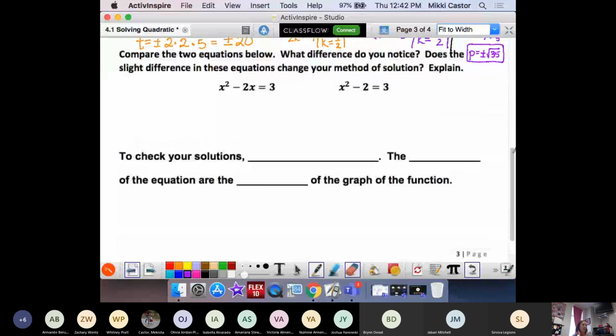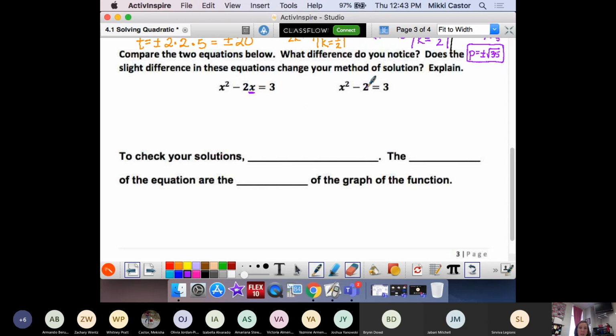All right. Our last thing, we have this, and then I'm going to show you guys how to check your answers. So to compare the two equations, okay, compare the two that I gave you there. What difference do you notice? So the only difference that I see is that this one has a 2x and this one does not.